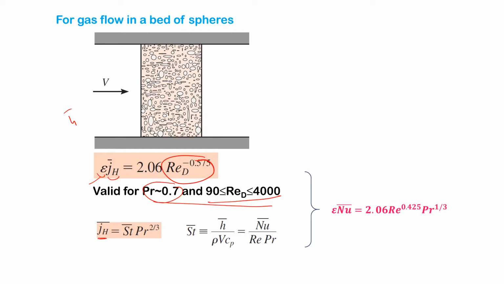Again, this J factor was defined as the product of the Stanton number, and this is Nusselt number over Reynolds number and Prandtl number. If you substitute everything in, you have epsilon multiplied by epsilon multiplied by Nusselt number divided by Reynolds number and Prandtl number.